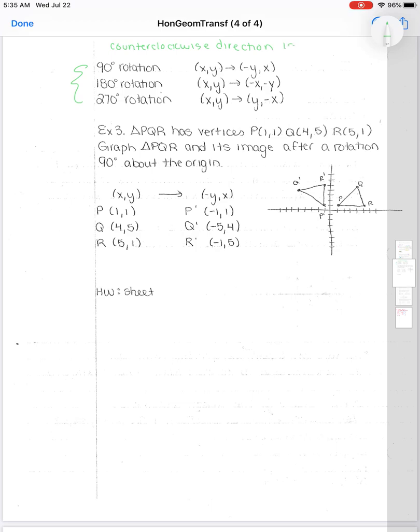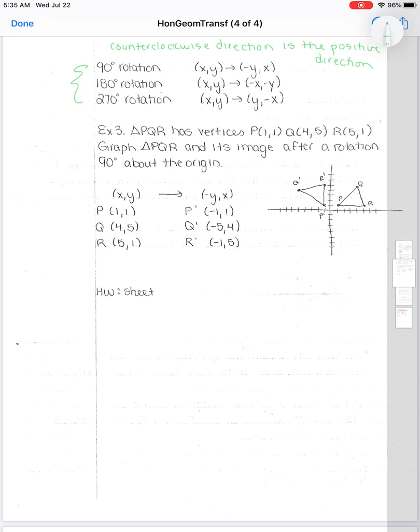All right, third and final type that we have to go over is a rotation. So there's 3 types of rotations. And what you have to be careful about in math is that the counterclockwise direction is the positive direction.